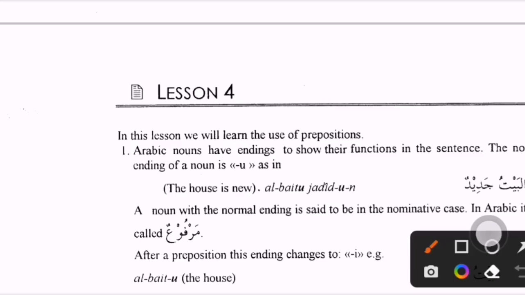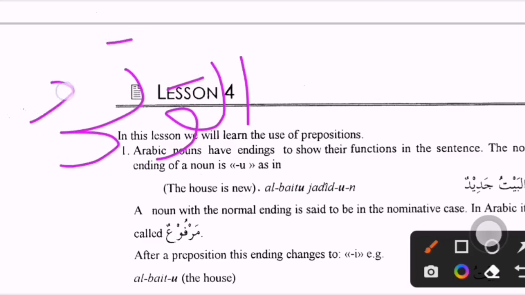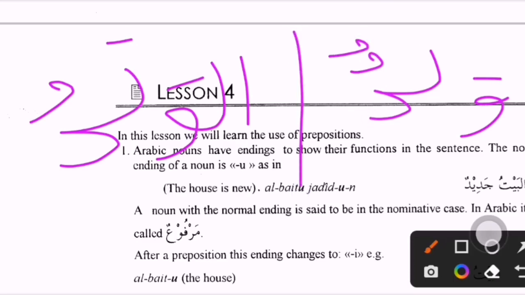For example, it is appropriate for you to say al-waladu, or you say waladun. But basically, you can't just come and say al-walada or al-waladi or waladin or waladan.